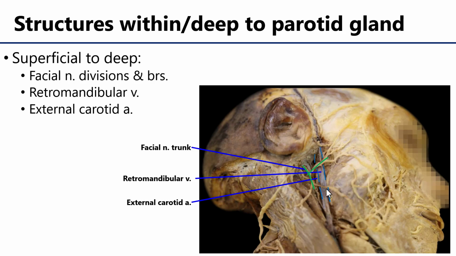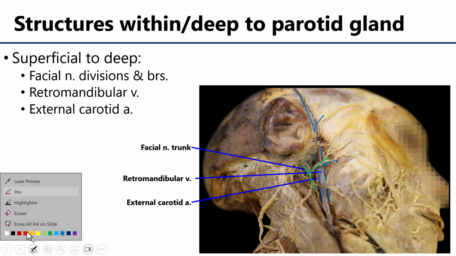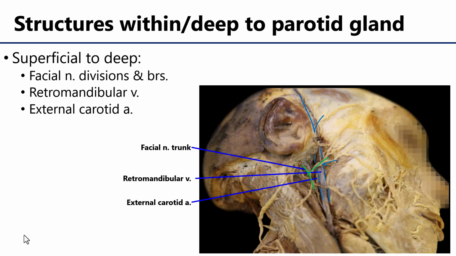Posterior to the mandible and deep within the substance of the gland, we can see this vein that is draining the superficial head there, as well as receiving the maxillary vein from the deep face. And you can't see it here because it is so deep, but also within this space is going to be the external carotid artery.